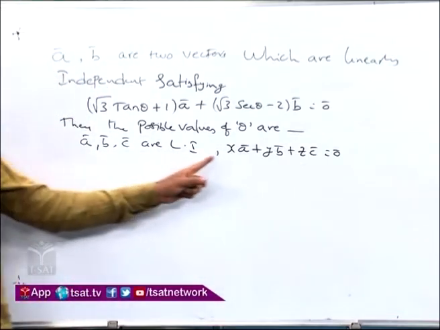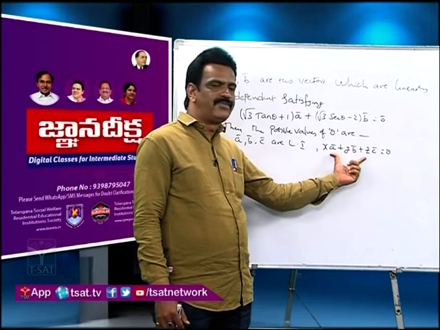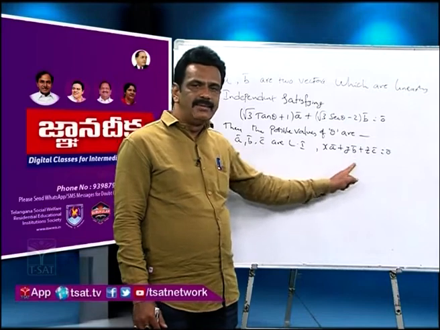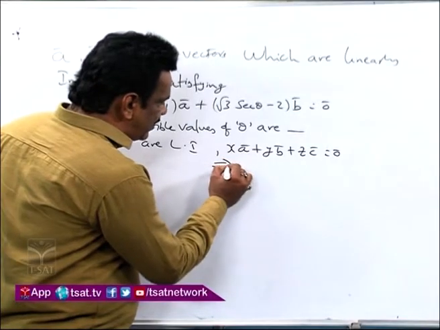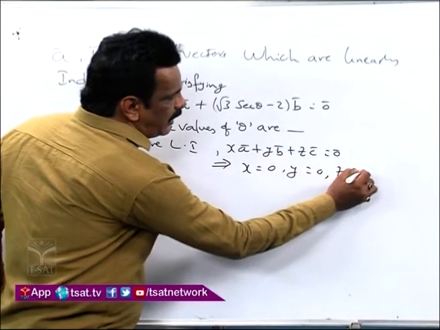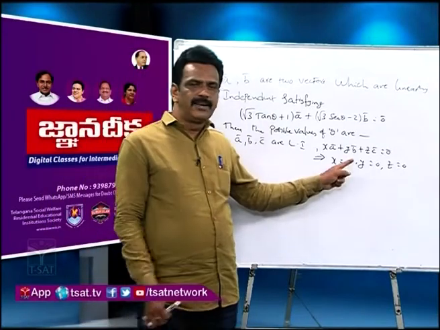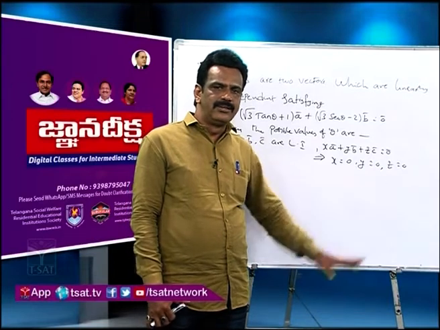So whenever x A bar plus y B bar plus z C bar equal to null vector is nothing but a linear combination of A, B, C vectors is a null vector in which the vectors A, B, C are linearly independent. In that case, it is obvious that x equal to 0, y equal to 0, z equal to 0. So here for independent vectors, linear combination equal to 0 implies each scalar in the combination is 0.